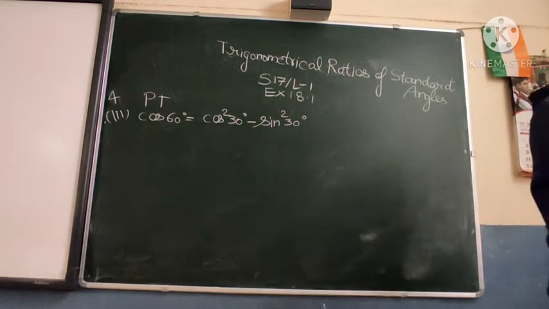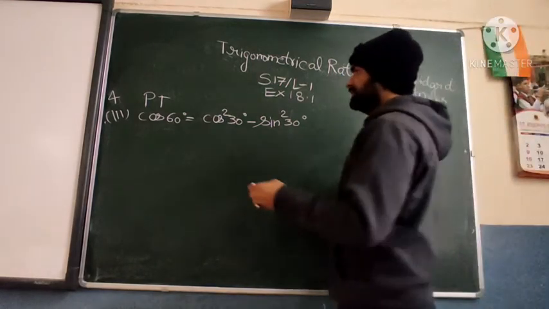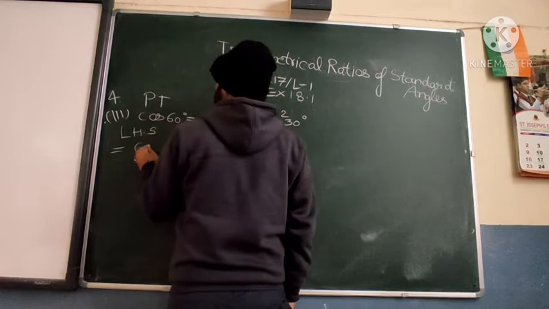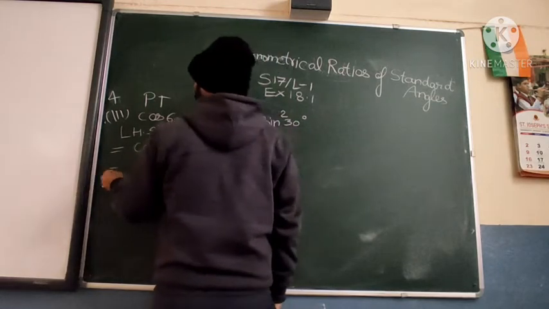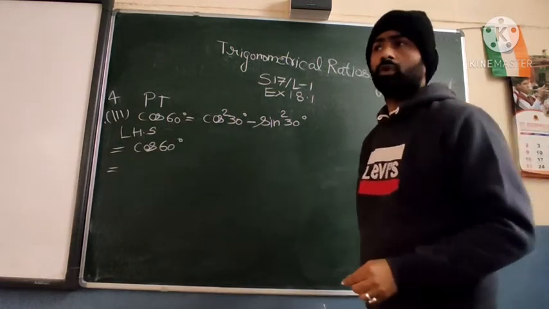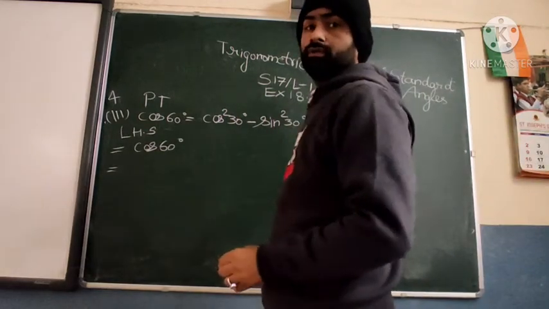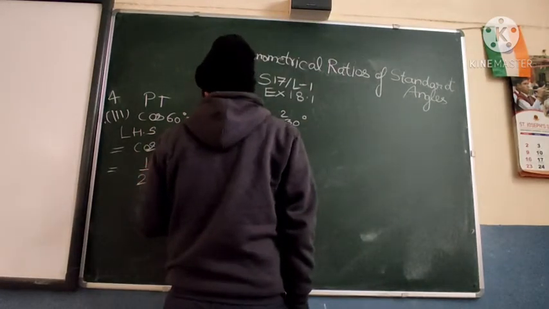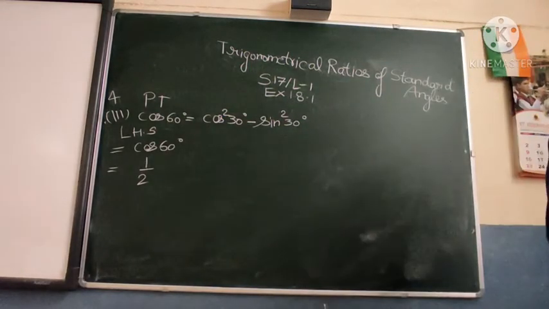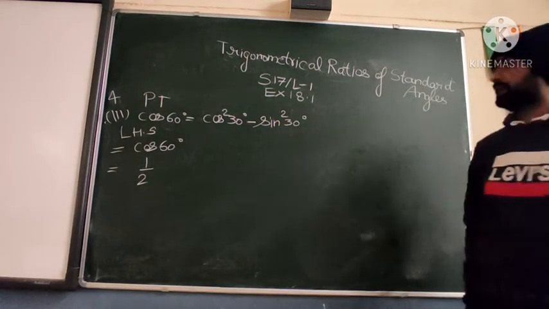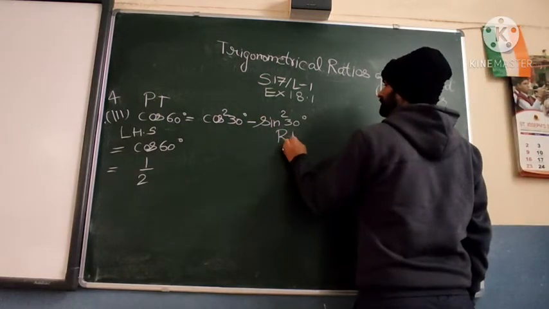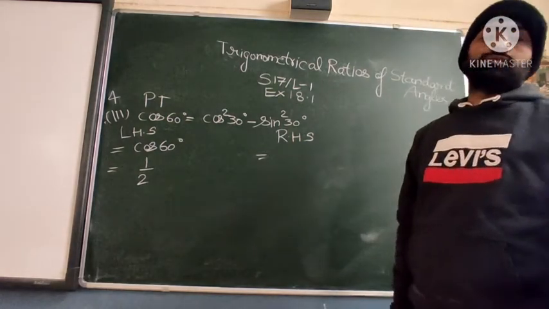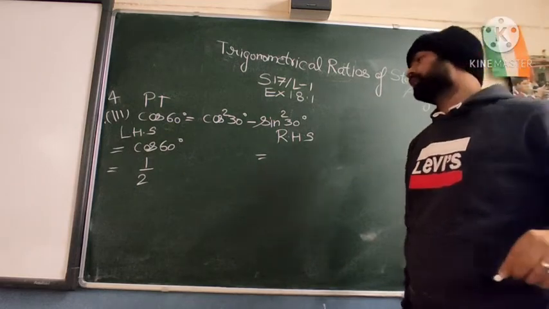Now let us see. Let's take LHS. LHS is cos 60. Cos 60 is 1/2. So cos 60 is half. Now let us take what RHS is. Now cos 30 is what? 1/√2.